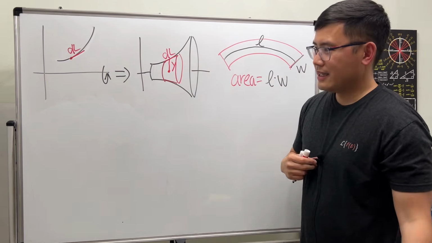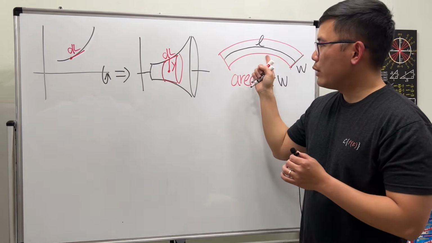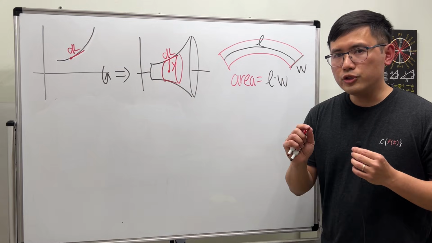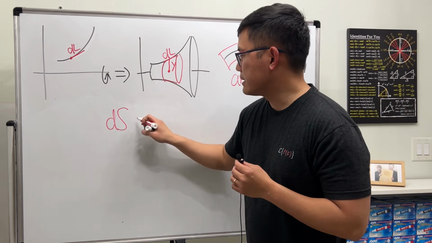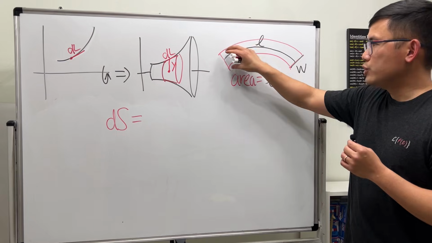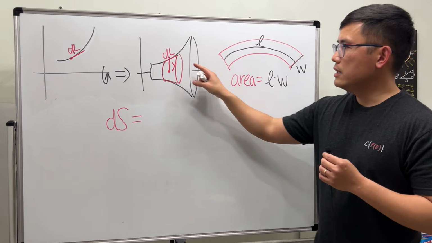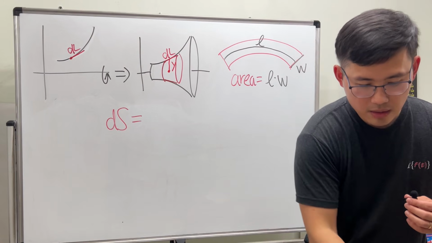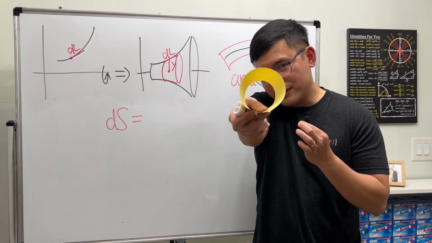So, have a look. If you find the area of this thing, that's just a small change in the surface area, and we'll label that as dS. And we just have to find this area right here. The length is going to be what? As we mentioned earlier, it's the circumference of this.